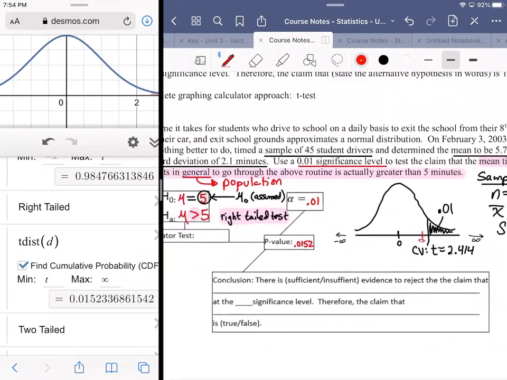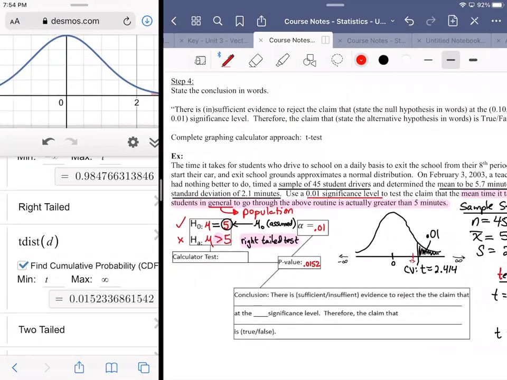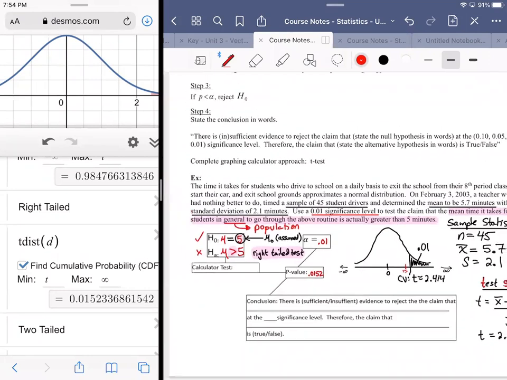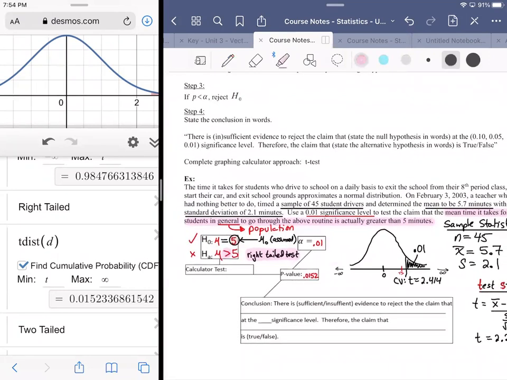All right. Generally, it's the p-value that's the driving force behind whether or not you're concluding in favor of the null or alternative hypothesis. If the p-value is less than the alpha value, you reject the null hypothesis. That's the statement right up here in step 3.